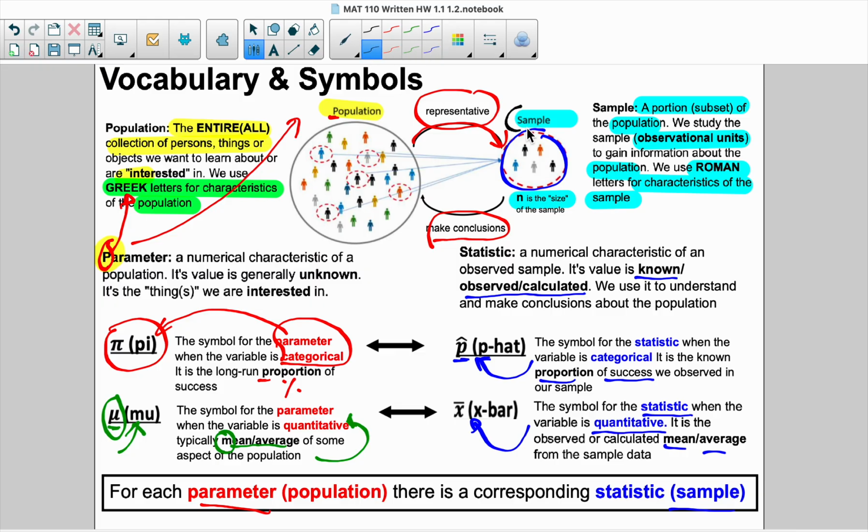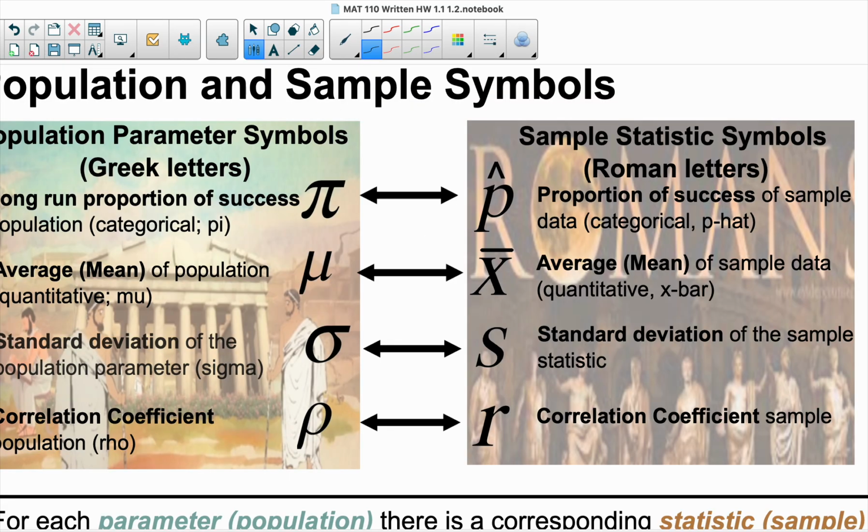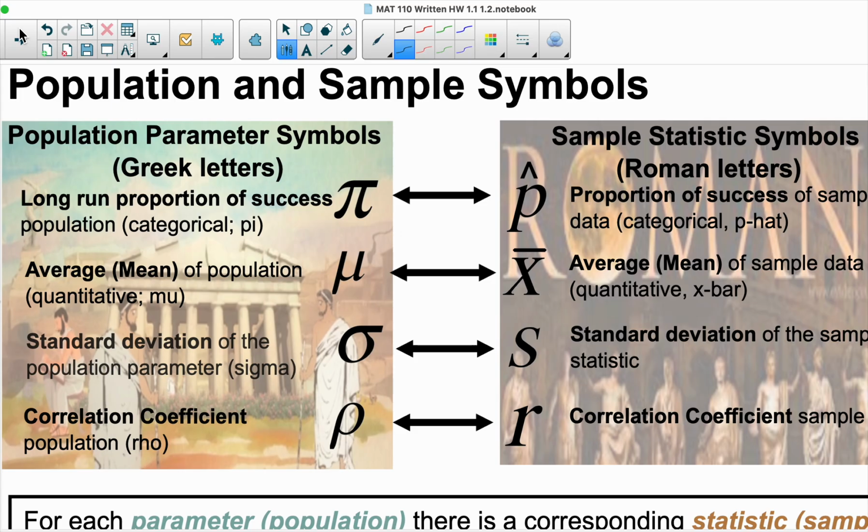The other thing you can remember is sample starts with S, so samples have statistics, okay? Populations have parameters. And I like to think of it here, if this helps you on this page.